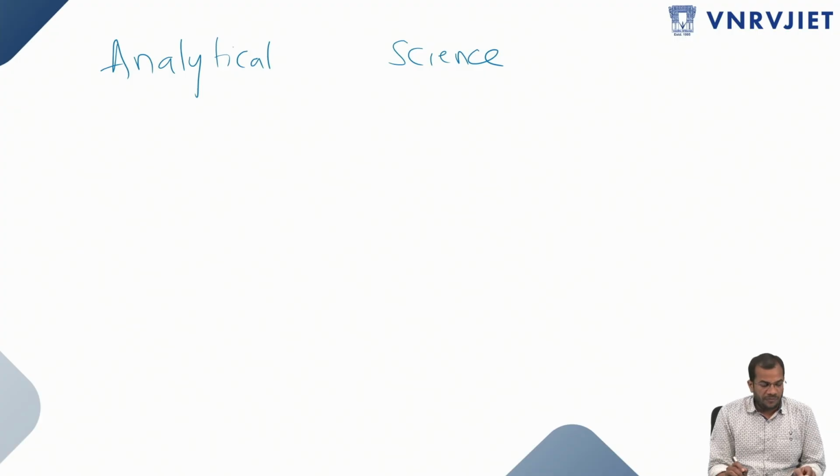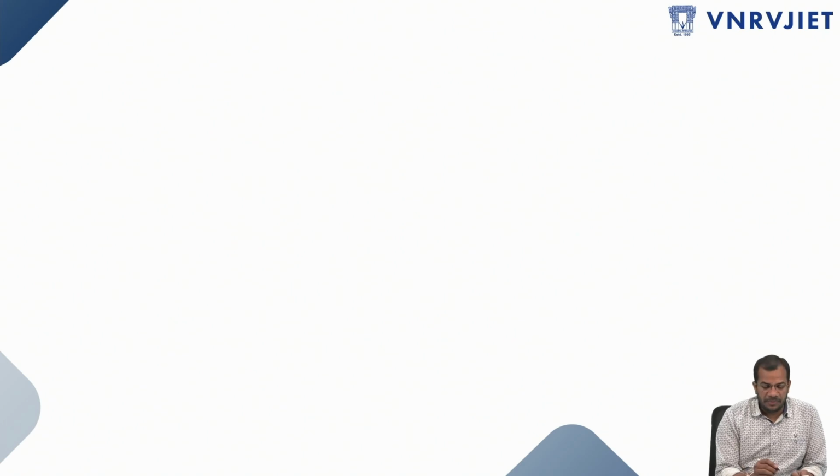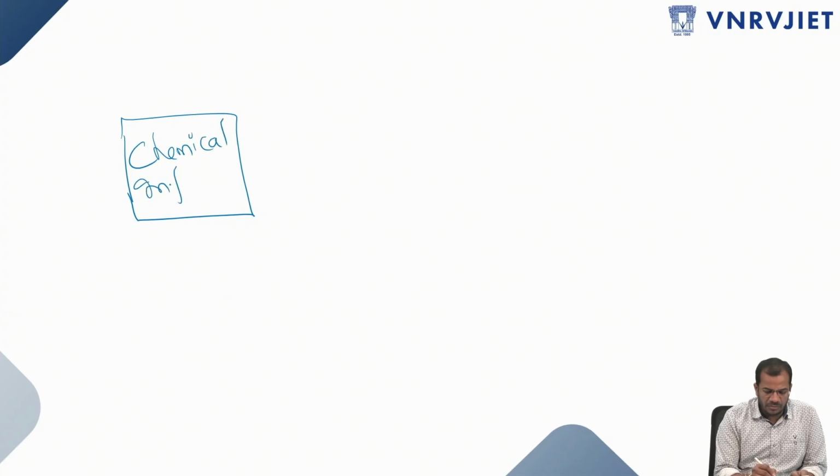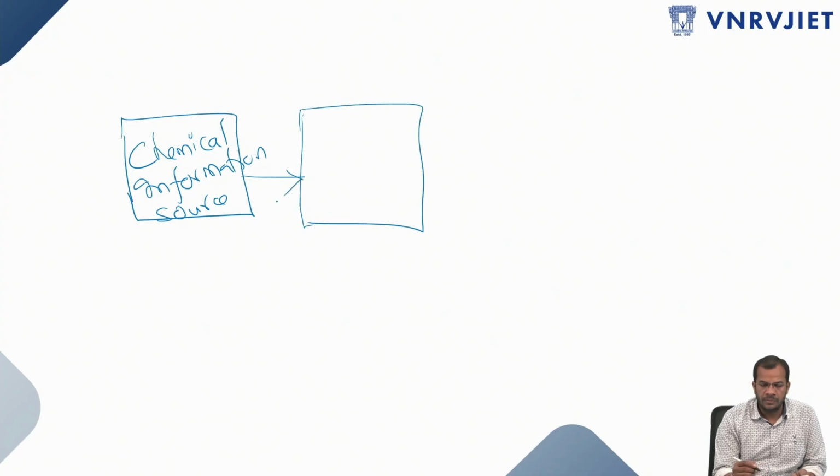So, if you see the block diagram of an analytical instrumentation, it basically consists of 4 blocks. The first block here indicates chemical information source. The second block is a sensor.